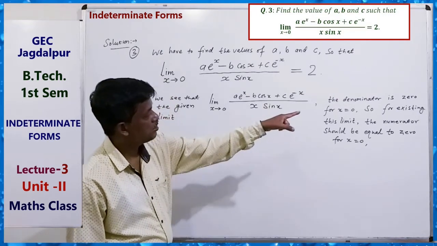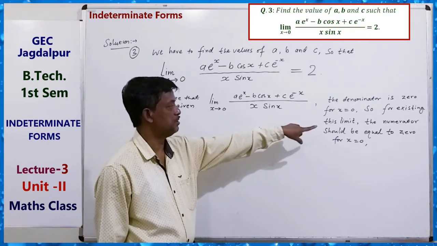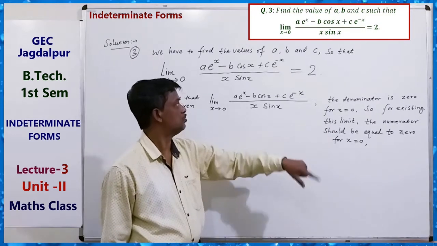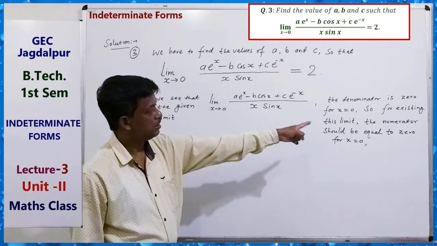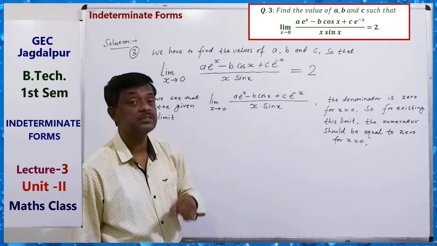So the numerator should be equal to 0 for x equals 0.